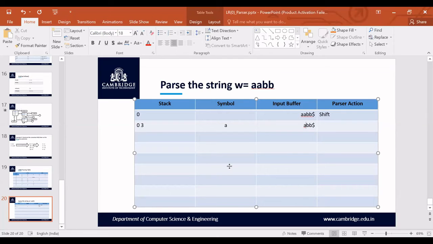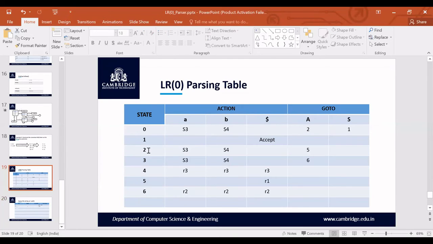Okay. Since the previous operation was a shift operation, take the state present on the stack top, 3, and check for a transition with input symbol A. State 3 with input symbol A, go to the parsing table. It is again a shift operation, in which you are shifting state 3.